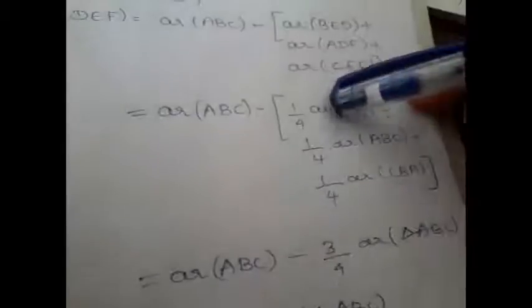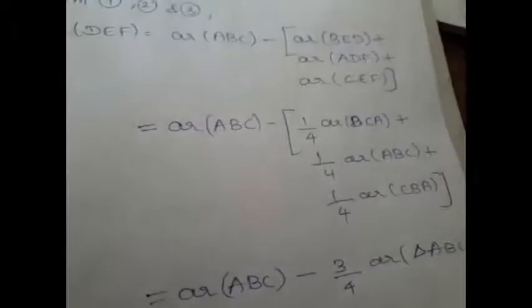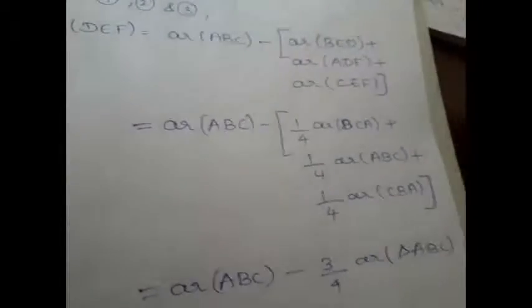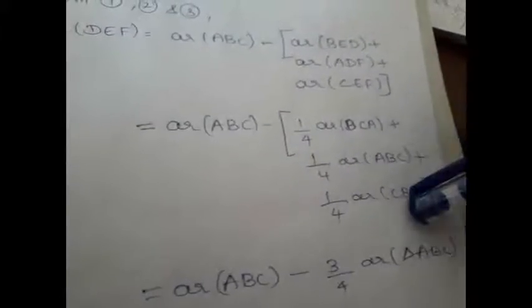But when we talk about the area of the triangle ABC or BCA or CBA, in whichever order the vertices we take, the area is going to remain the same. So at this stage, area of BCA is the same as area of ABC, area of CBA. All these 3 are equal.